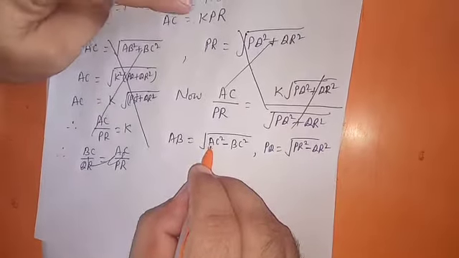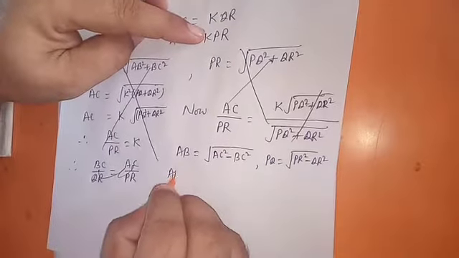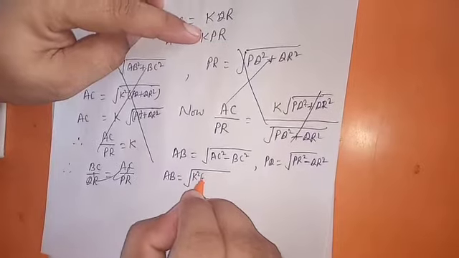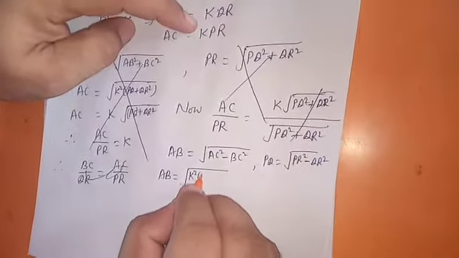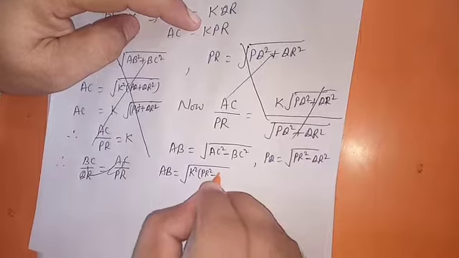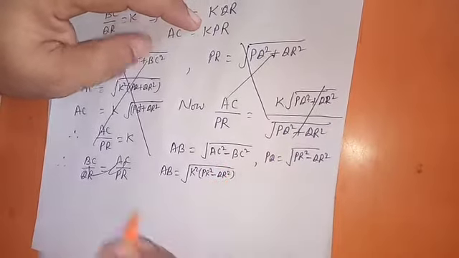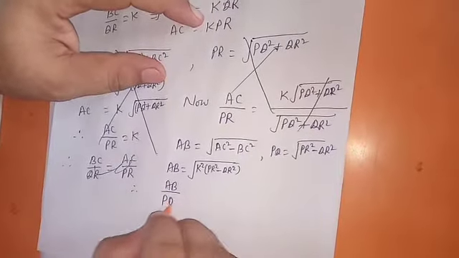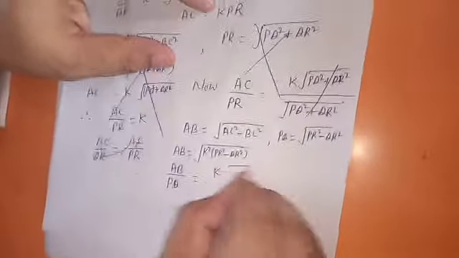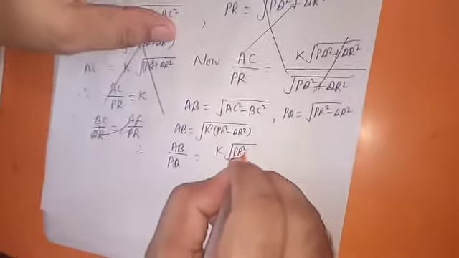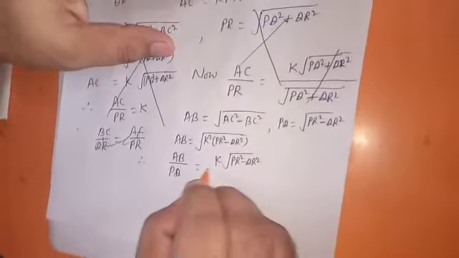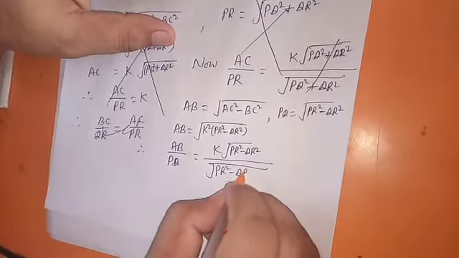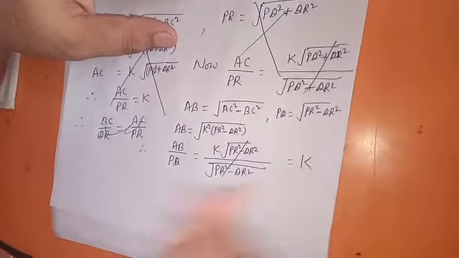AC equals K PR. So AB equals the root of K square times PR square minus QR square. Therefore AB by PQ is equal to K coming outside, the root of PR square minus QR square by the root of PR square minus QR square, which cancel, equal to K.